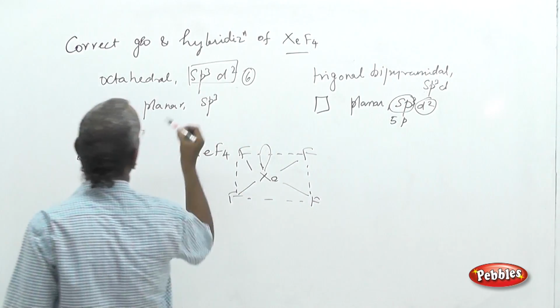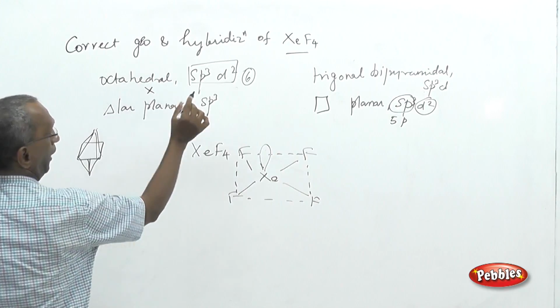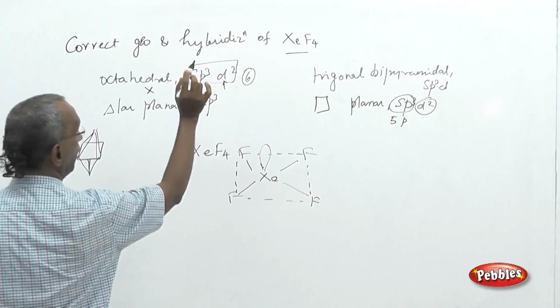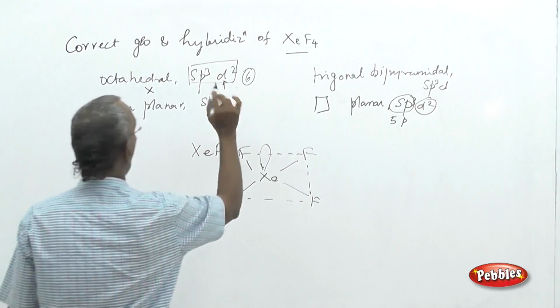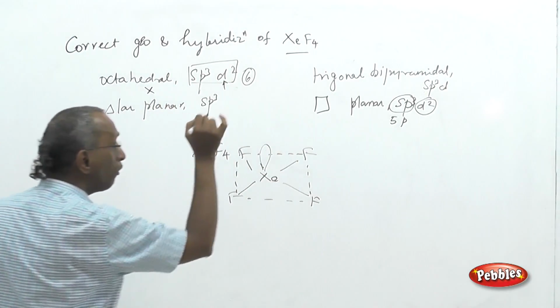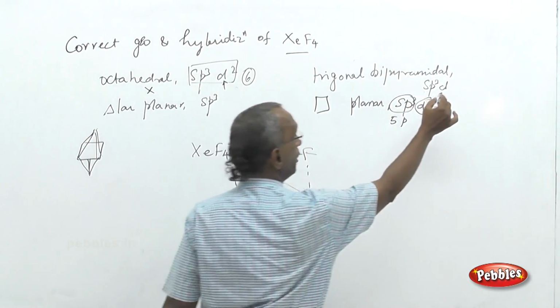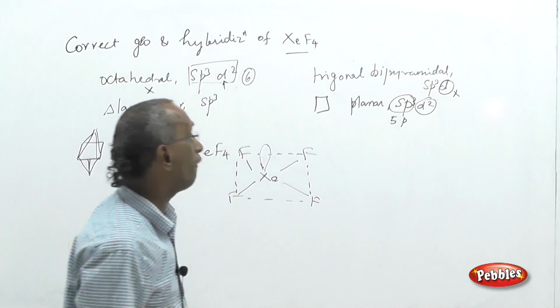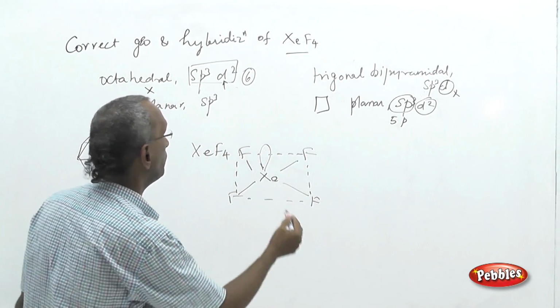For this case, octahedral is not there. That is possible only if filled d orbitals overlap, and that is not the case here. The question may arise here: d orbitals are there, but they are vacant, and vacant d orbitals cannot overlap.